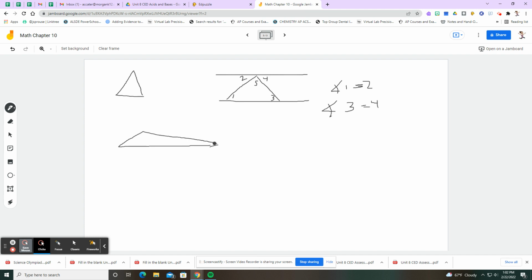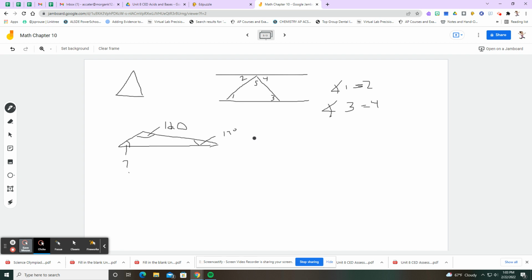It's kind of hard to draw these. So this angle right here is 17 degrees. That angle in that corner, we don't know. And this angle is 120 degrees.